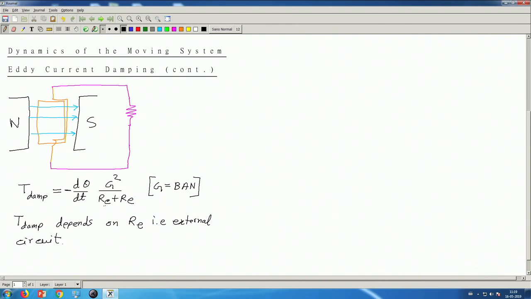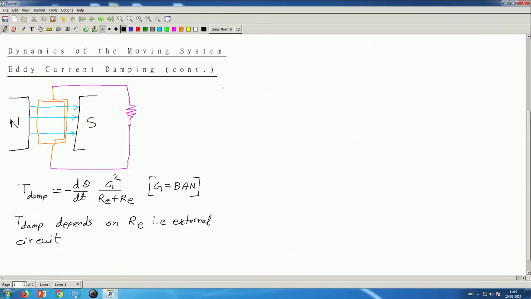R C, the coil resistance, is constant, but the external resistance is not in our hand; it depends on the external circuit. So the damping torque depends on the external circuit, and therefore this is not very controllable. We cannot control the amount of damping torque at our desire.